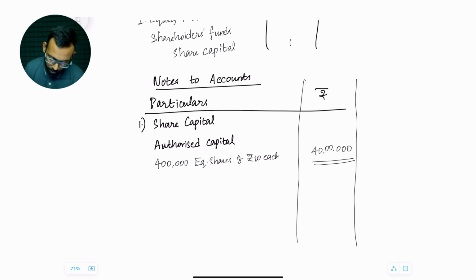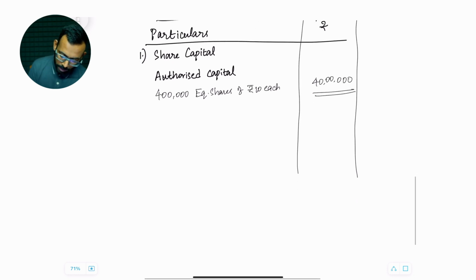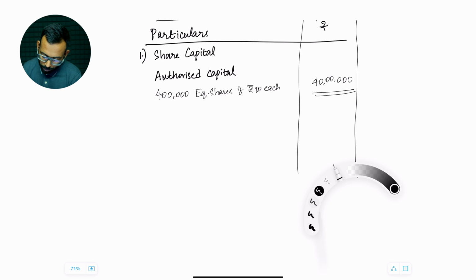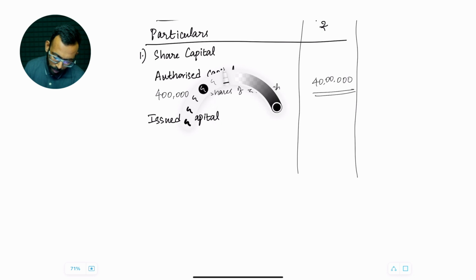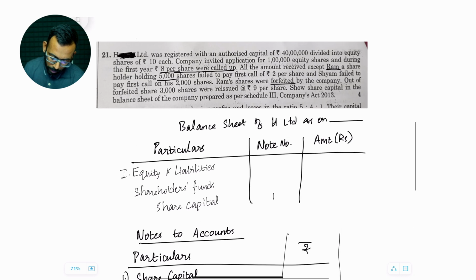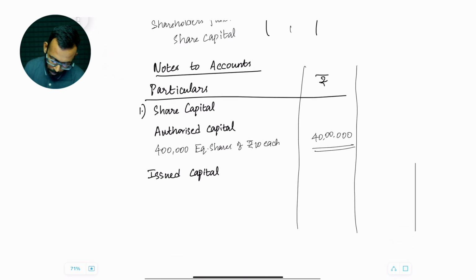Okay, so this is first segment. Second segment, we have issued capital. Out of this issued capital, out of the authorized capital, the company issued only 1 lakh equity shares of rupees 10 each.